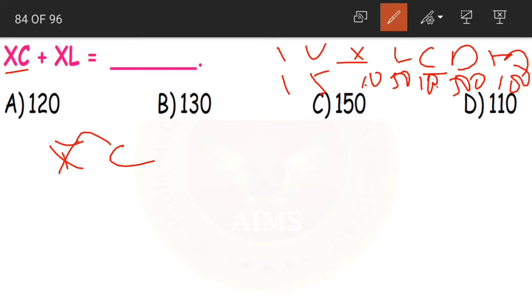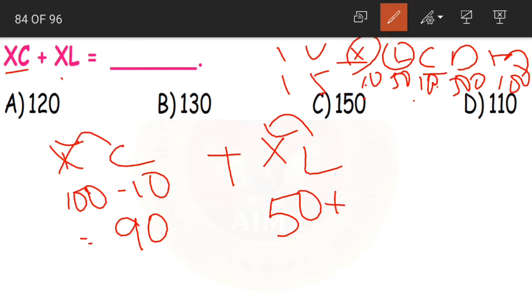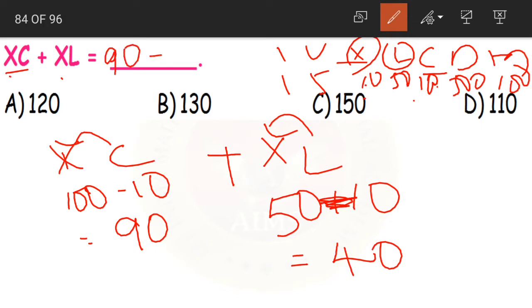Now the smaller number is to the left, so it becomes subtraction. 100 minus 10 becomes 90. Plus XL. XL is again 10 and 50. Smaller number is to the left, so we need to subtract. 50 minus 10 becomes 40. XC is 90 and XL is 40.